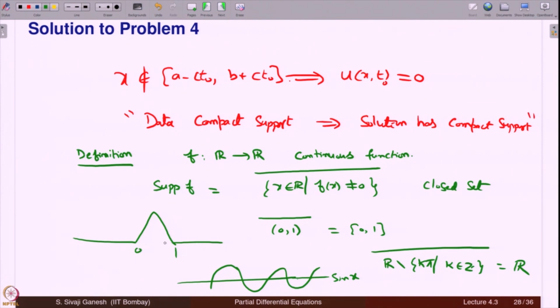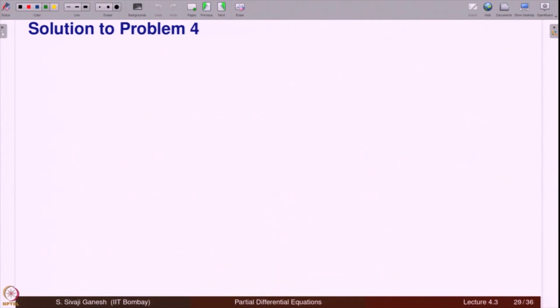Of course, there are other characterizations of support. This is the definition of support: look at the points where the function is not 0 and take the closure. The other way to look at it is that the complement of the support of f is the largest open set on which f is 0.